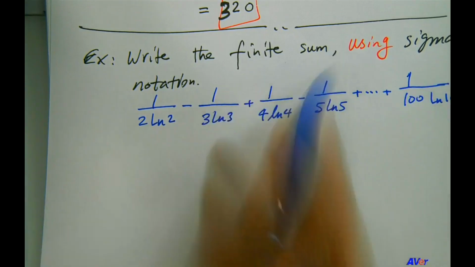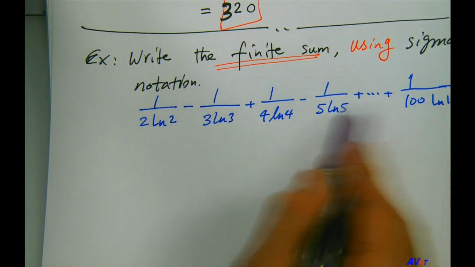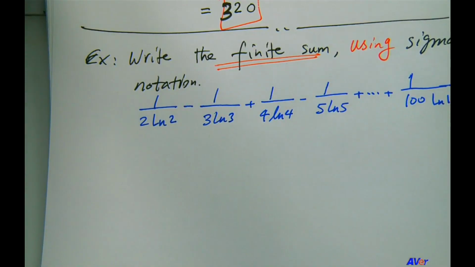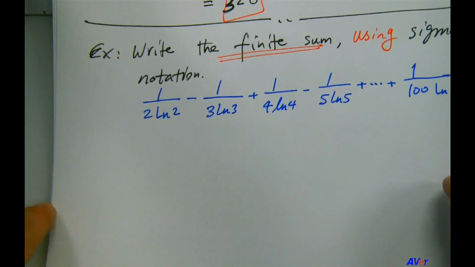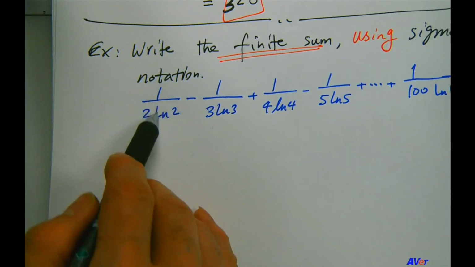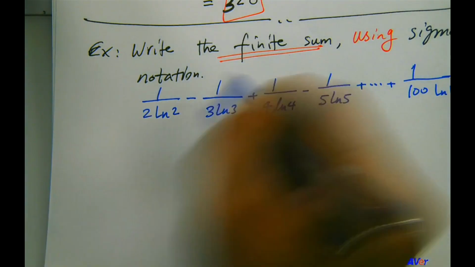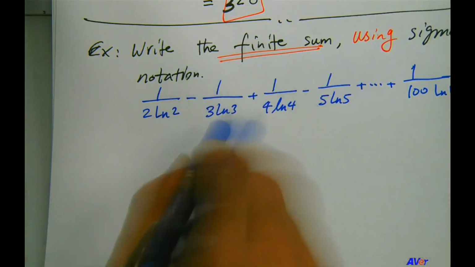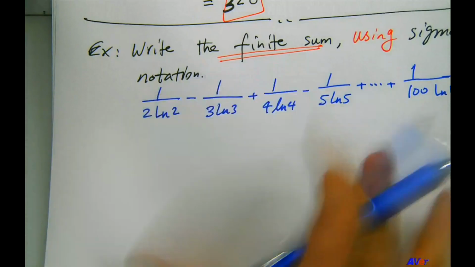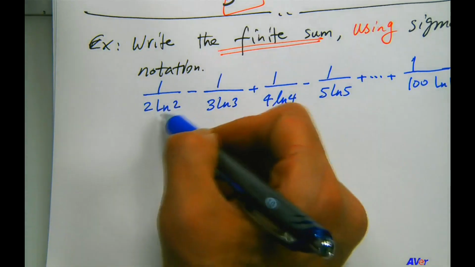So this is why they're saying the finite sum, because it ends, right? That's the last term in the sum. I'm sure you can see clearly that there is a pattern here, right? So that's the first term in the partial sum, but the number 2 is 1 plus 1, right?